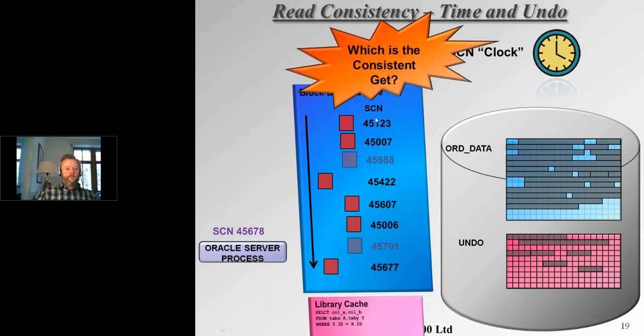Now, every time you get a block, it's called a get. Which of these are consistent gets? People often talk about consistent gets. So which of these block gets is a consistent get? And the answer is, they all are. It's not whether Oracle has to apply this undo that makes it a consistent get. It's that Oracle considers whether it will need to do that.